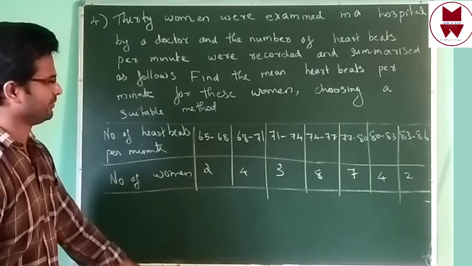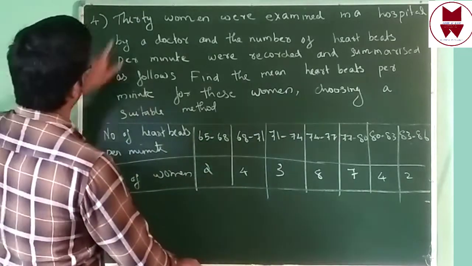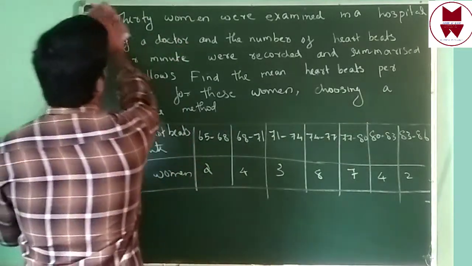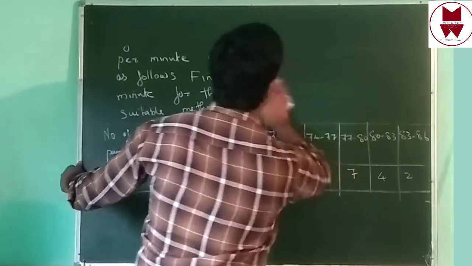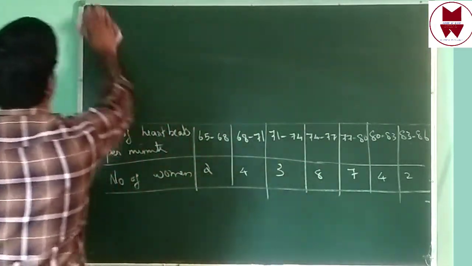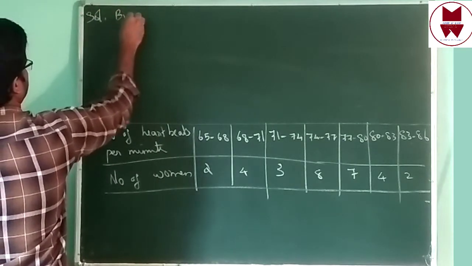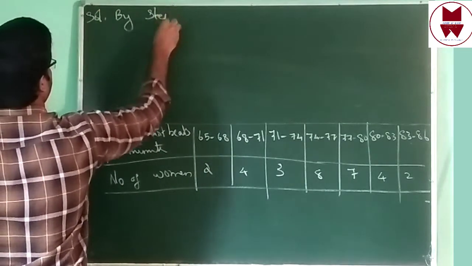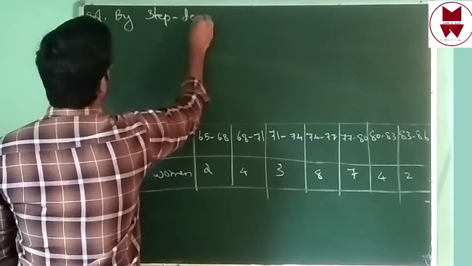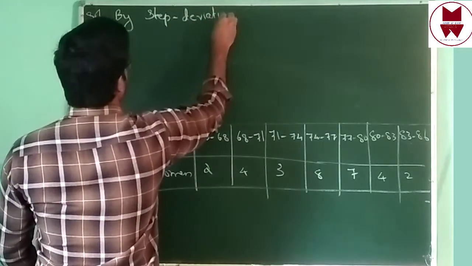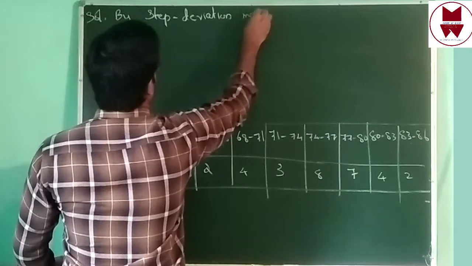Some data given, we can do. Then total 30 women. By the step deviation method we can use in here also.